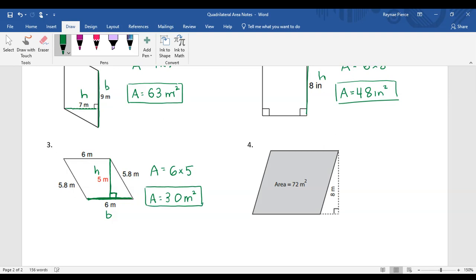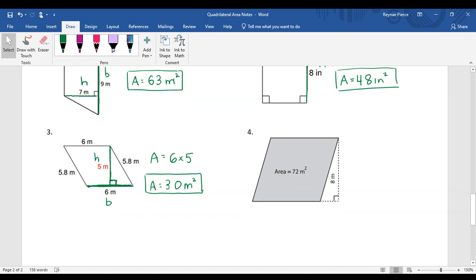Okay. The number 4 here, and this time we are given the area. And we don't know that base. You'll notice here, my height lies outside of my parallelogram, and that's okay. We still only are going to be finding this portion.